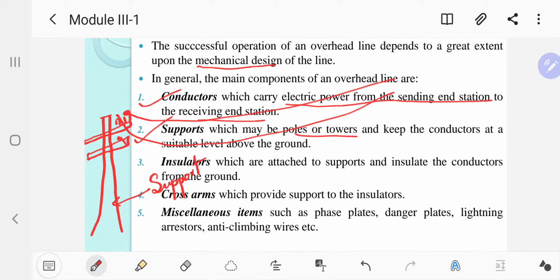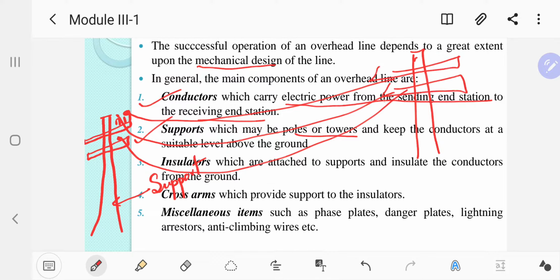These conductors are used for carrying the current or electric power from the sending end towards the receiving end. And these structures should not carry the current towards the ground. So for insulating the conductors from the poles, we have to use insulators. Insulators are used for insulating the conductors from the ground.